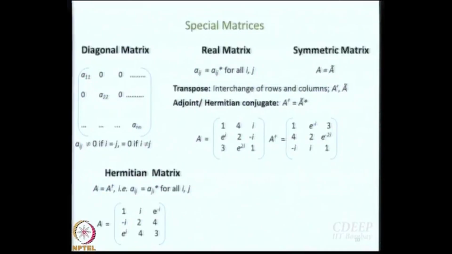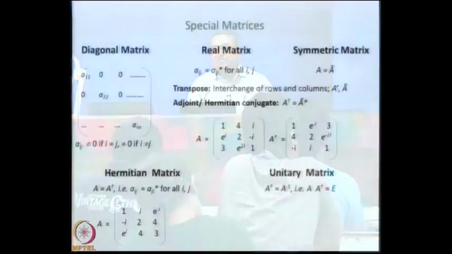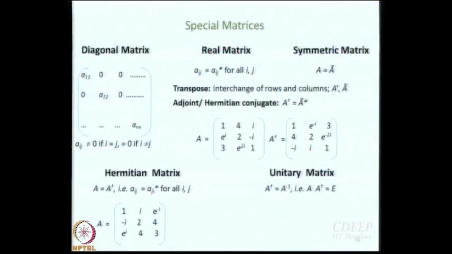And last, not really last, second last, maybe there is one after last, one for the road. This is very important for us in this course: unitary matrices. So, we need to understand what unitary matrices are. They are a little more complicated than Hermitian matrices.